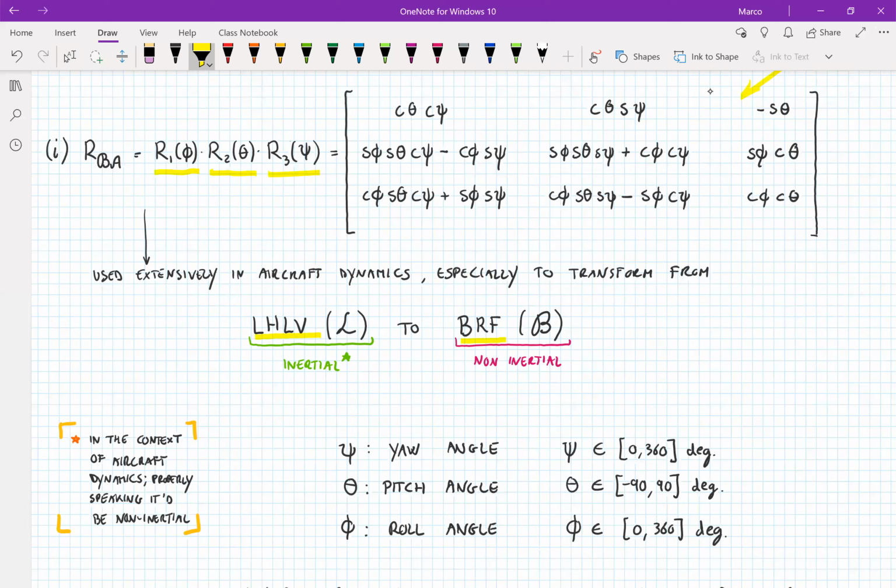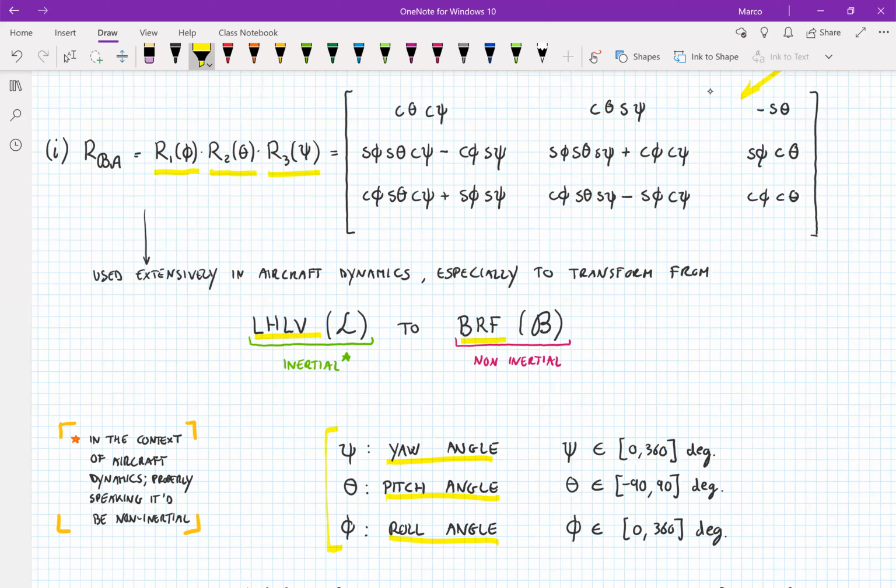And for this particular transformation between the LHLV reference frame and the body reference frame, the Euler angles keep the same symbols, psi, theta, and phi, but their names are yaw angle, pitch angle, and roll angle.